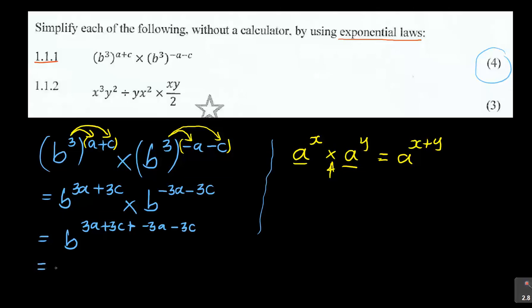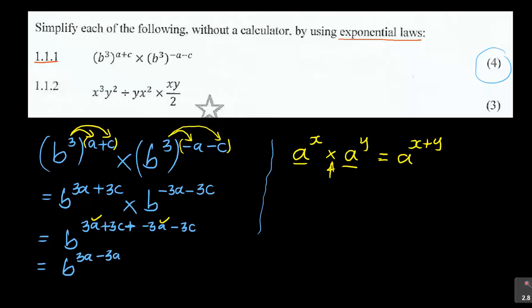I'm just adding that. If I collect like terms, that is the a part, so it's 3a minus 3a.